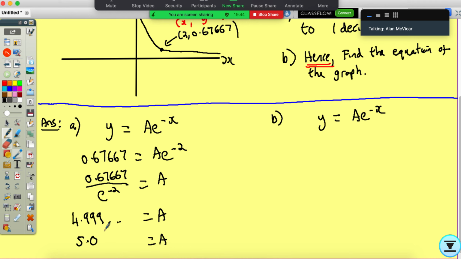So I'm just going to put 5.0 in place of a in my formula. So y is 5.0 e to the power of negative x. And that's the equation of my exponential graph. If you really wanted, you could write it as 5 e to the power of negative x. If you really wanted, but because it mentioned one decimal place in the previous part of the question, that's why I've kept it like that.